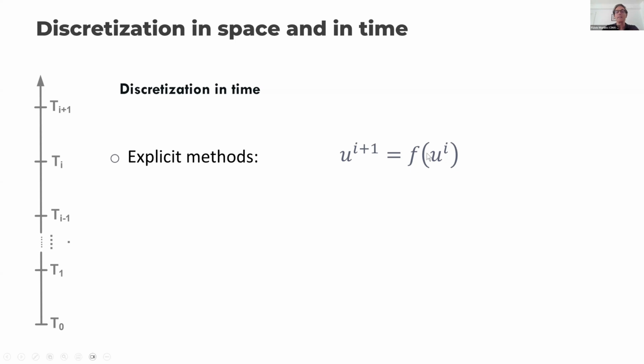So we are committing an error here. And the error will be big if the difference between time I and time I plus 1 is big. But if the difference between time I and time I plus 1 is small, the error is not that big, so we are not committing a big error, okay?